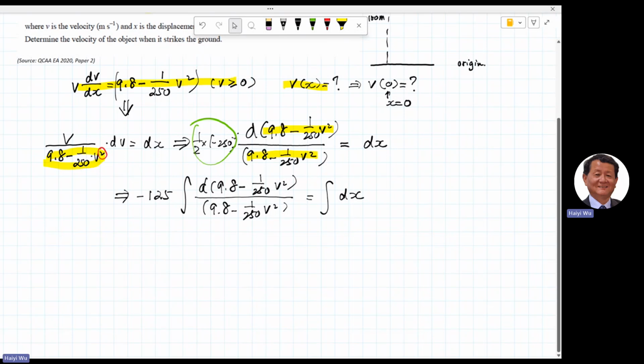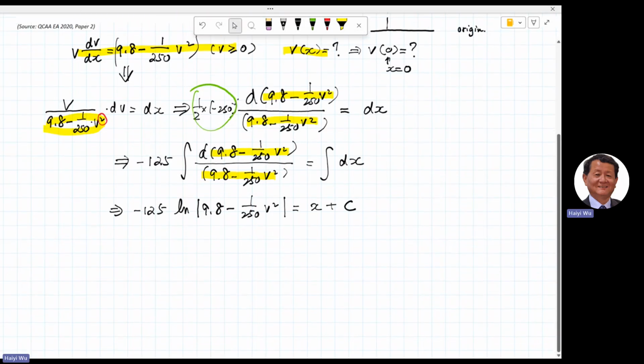So the antiderivative: the left-hand side is negative 125. Now this is obviously a log. You can see this is a composite function, so it integrates to log of the absolute value of 9.8 minus 1 over 250 v squared, equal to the right-hand side, x plus c.